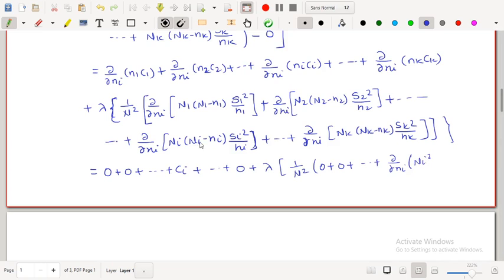If we solve this bracket, then this will be ni square si square upon ni minus ni si square, because here in the second term this ni gets cancelled, plus all other terms will be 0.